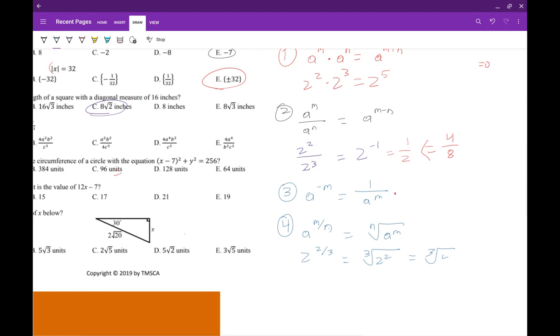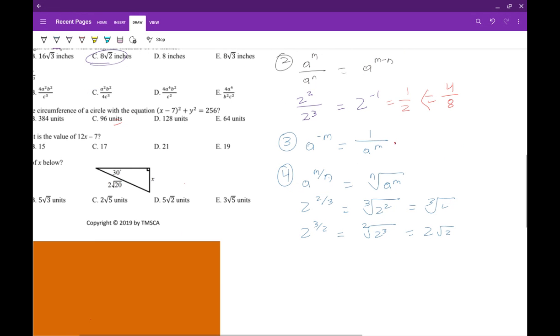Likewise, 2 to the power of 3 over 2 is equal to the square root of 2 cubed, which is going to be equal to 2 root 2. If you had 2 to the power of 4 over 6, simplify your exponents first. So you have 2 to the power of 2 thirds, and that is the cube root of 2.